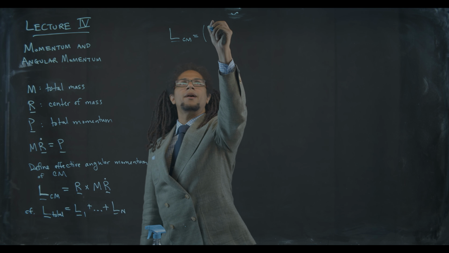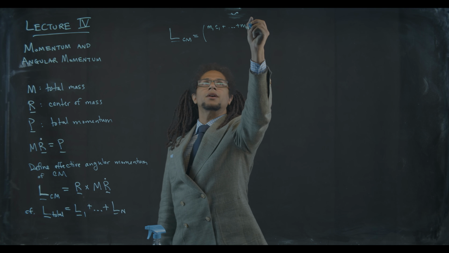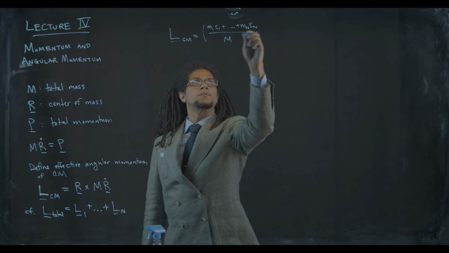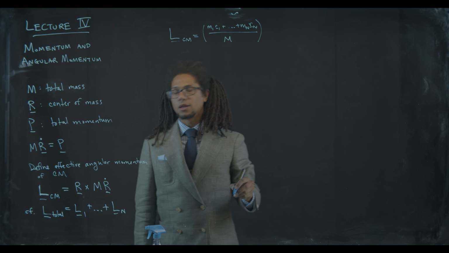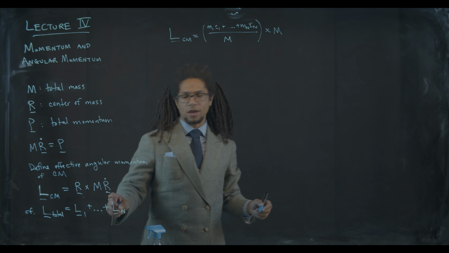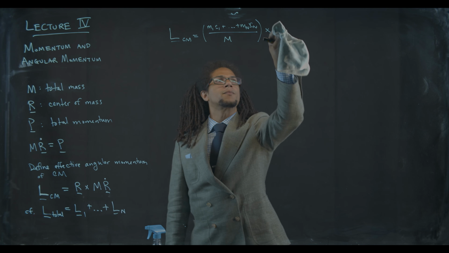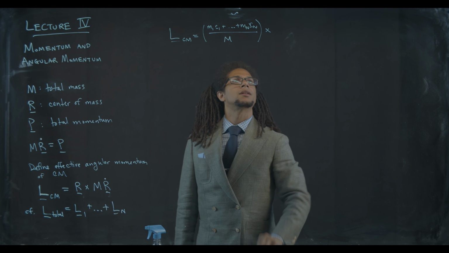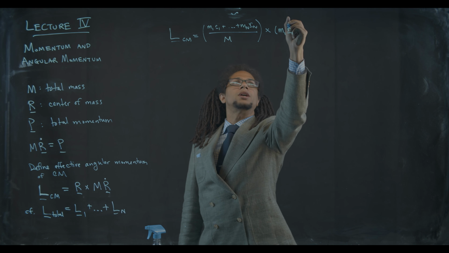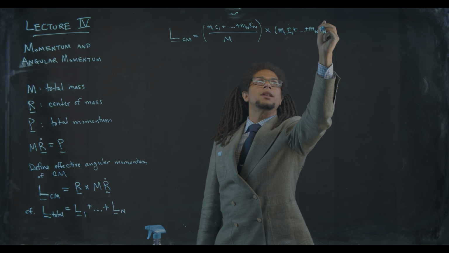We'll have m1 r1 plus dot dot dot plus mn rn over M, cross M times R dot. Now this M is just going to cancel the M in the denominator of R dot, and so we'll just get m1 r1 dot plus dot dot dot plus mn rn dot.